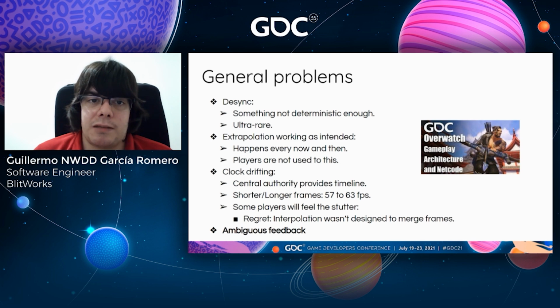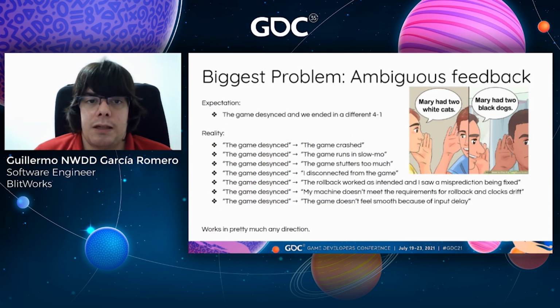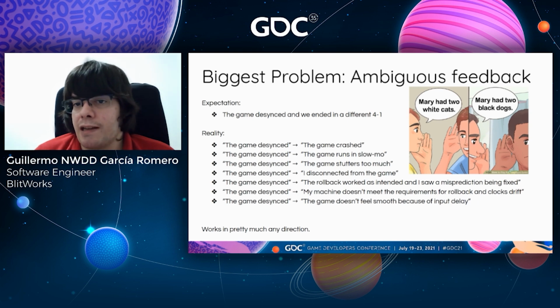However, the biggest problem of all, the most significant problem was and is the ambiguous feedback we received. So, ambiguous feedback. You may know this game called Chinese Whispers or Broken Telephone, and it feels a lot like that. I mean, the users try to communicate a problem they are having using the best description they can provide with the knowledge they have, and that tends to be the game design.